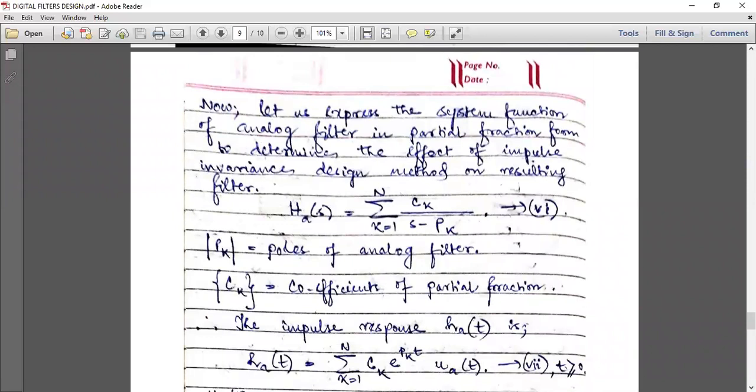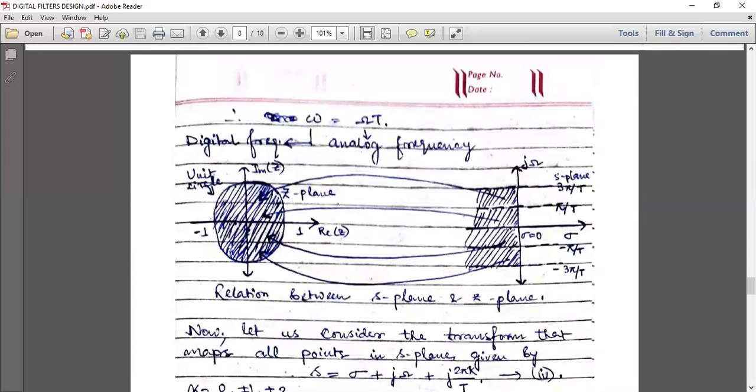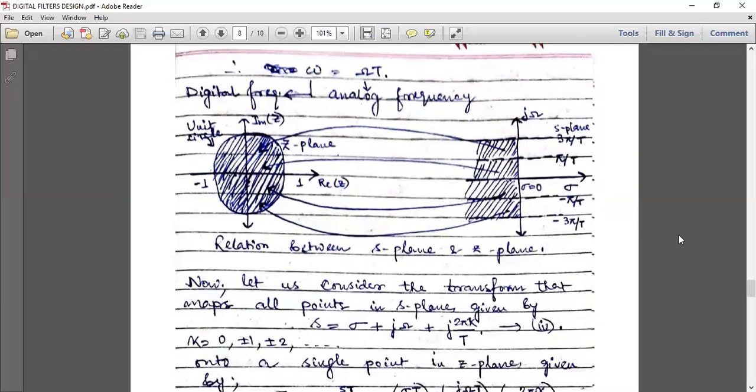You see, there are many in the codomain, only one in the domain. Clear? So it's a many to 1 function.